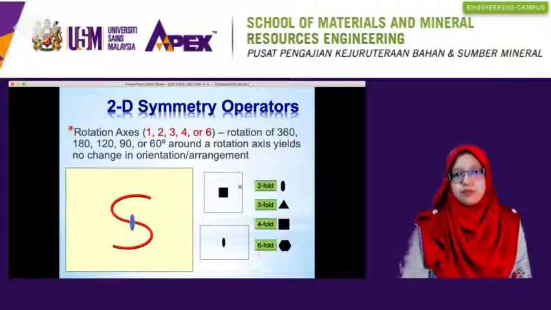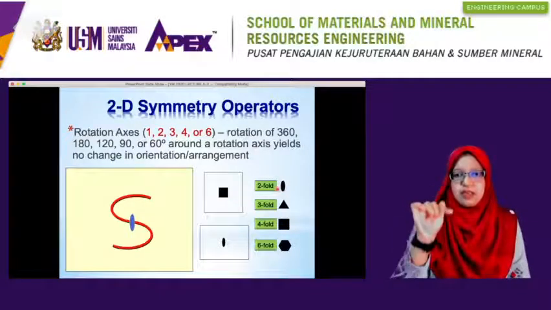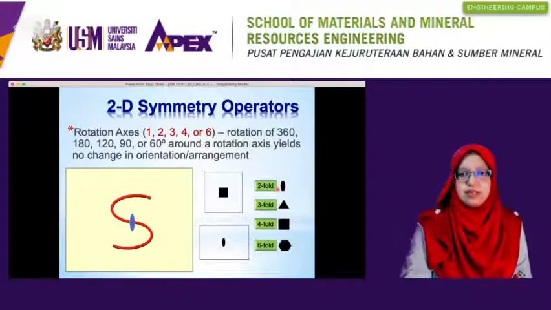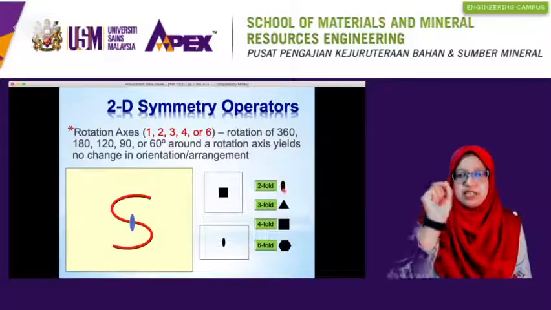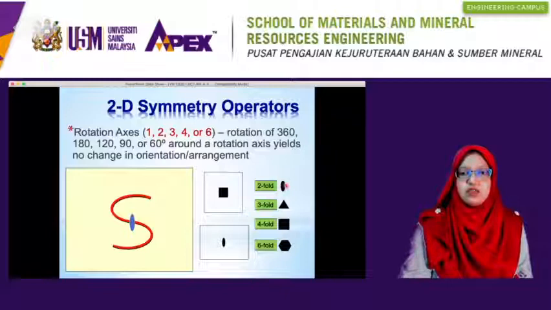For twofold, 180 degrees, this is the symbol. It's like a hemisphere or ellipse. Make sure you draw your symbols properly. For rotation, you have to shade or color the shape. Threefold is a triangle, and then fourfold, sixfold.